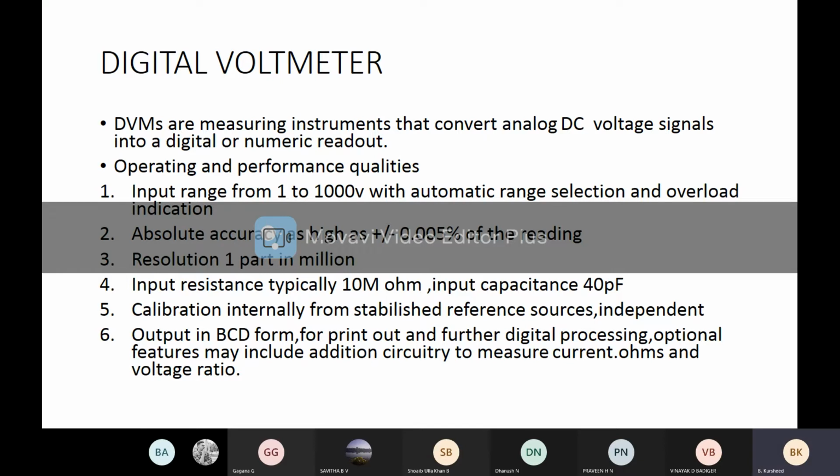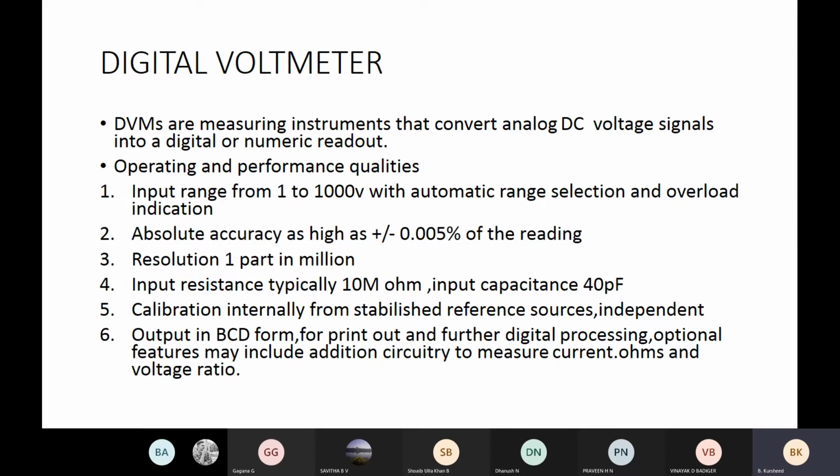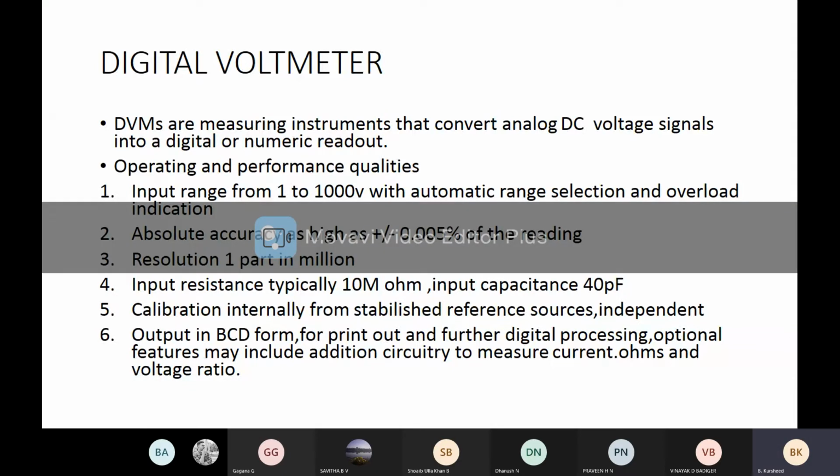So whenever you want a constant value rather than a continuously varying value, it is compulsory that you should have a digital value. How to get the digital value? You have seen a multimeter, no? In the labs you have used a multimeter, right?